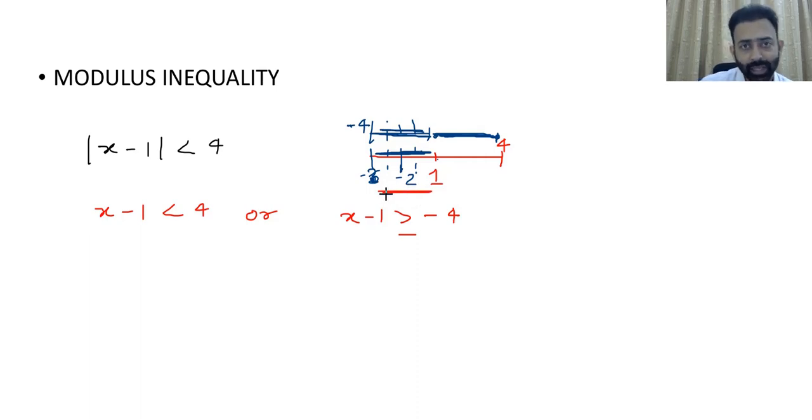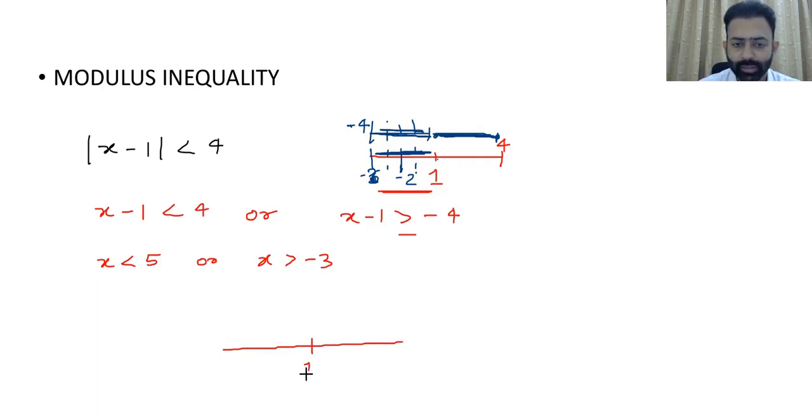Because I'm moving in the negative direction, I need to change the sign of the inequality, right? And now you can easily solve this: either x should be less than 5 or x should be greater than -3.